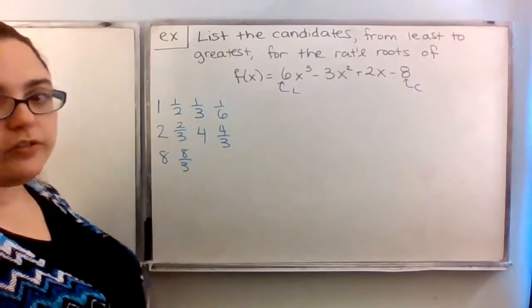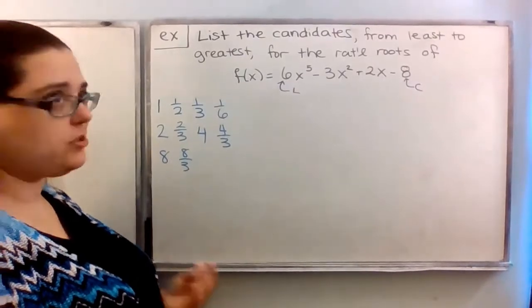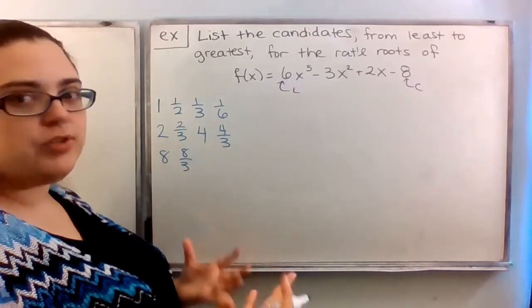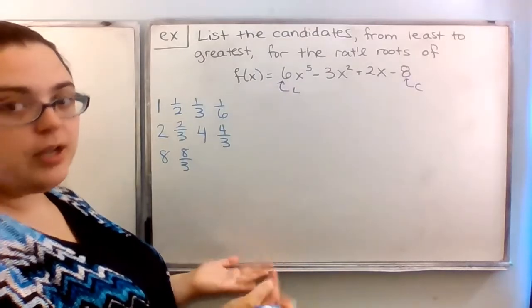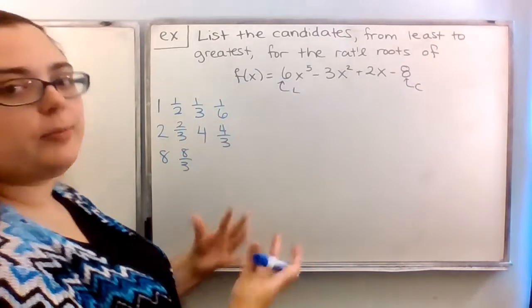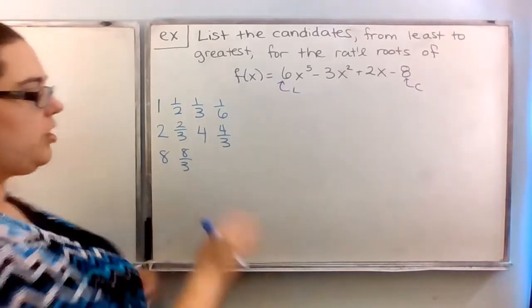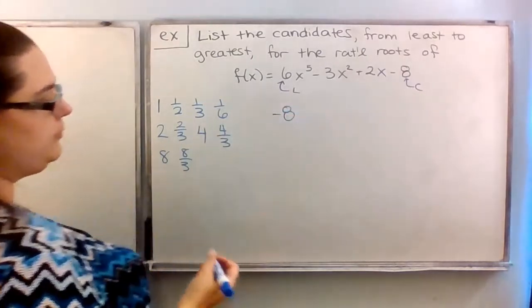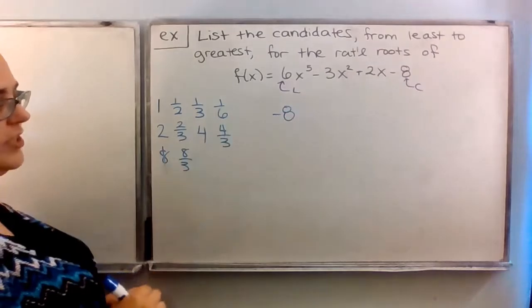To write these in order from least to greatest, I'm going to start with the negatives because those are least. But I'm going to think of the amount as the largest number because negatives and positives are mirror images, right? So I'm going to go from the largest number, which is 8, and I'm going to start writing -8. It's my first one. Then I'm going to cross it off the list so I don't repeat it.